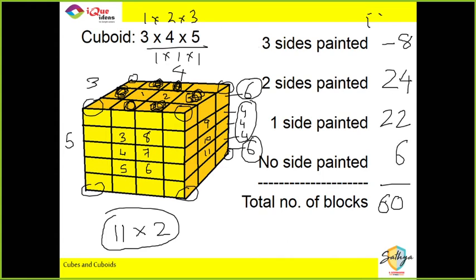So 8 plus 24 is 32, 32 plus 22 is 54, 54 plus 60. My count is correct. Did you get this one?